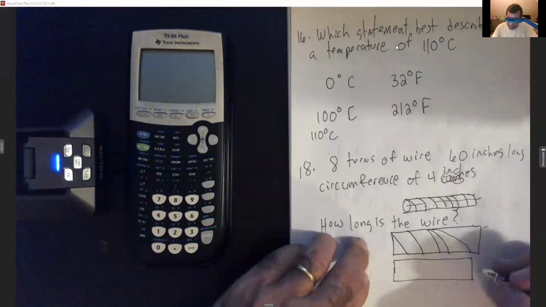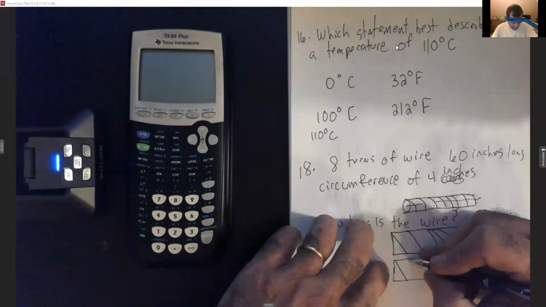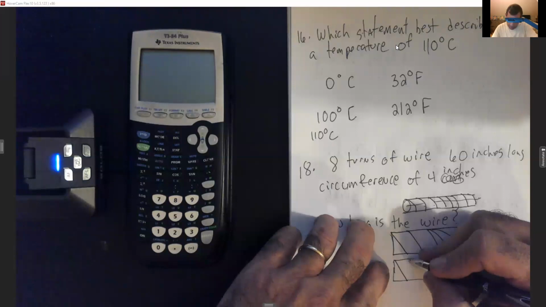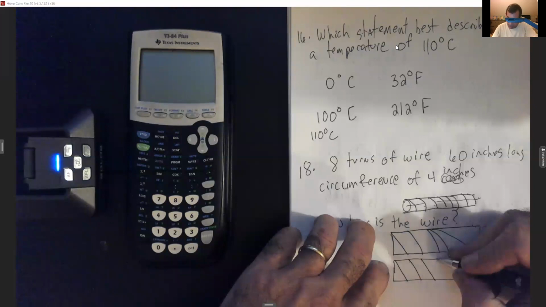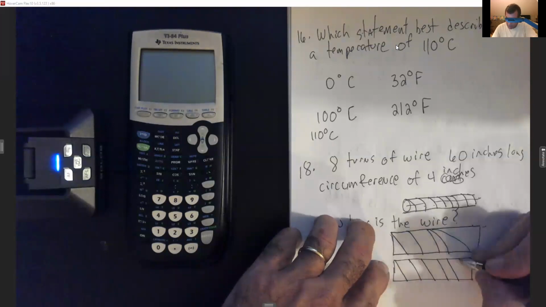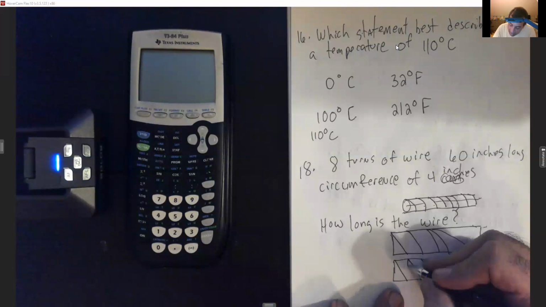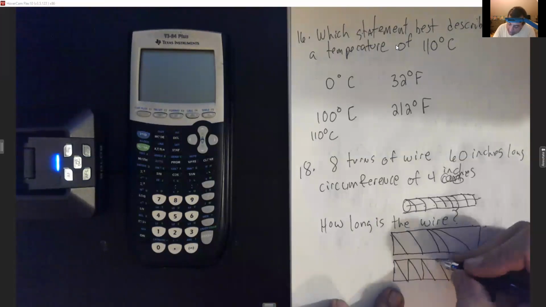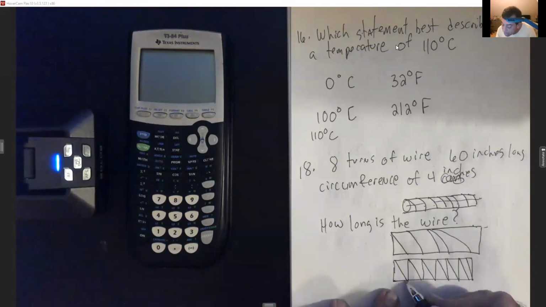So if you did that right, it would be 8 of these diagonals going down through here. Now, just imagine there's 8 of those, okay? But notice, if I draw little lines like that, each one of these makes little triangles.